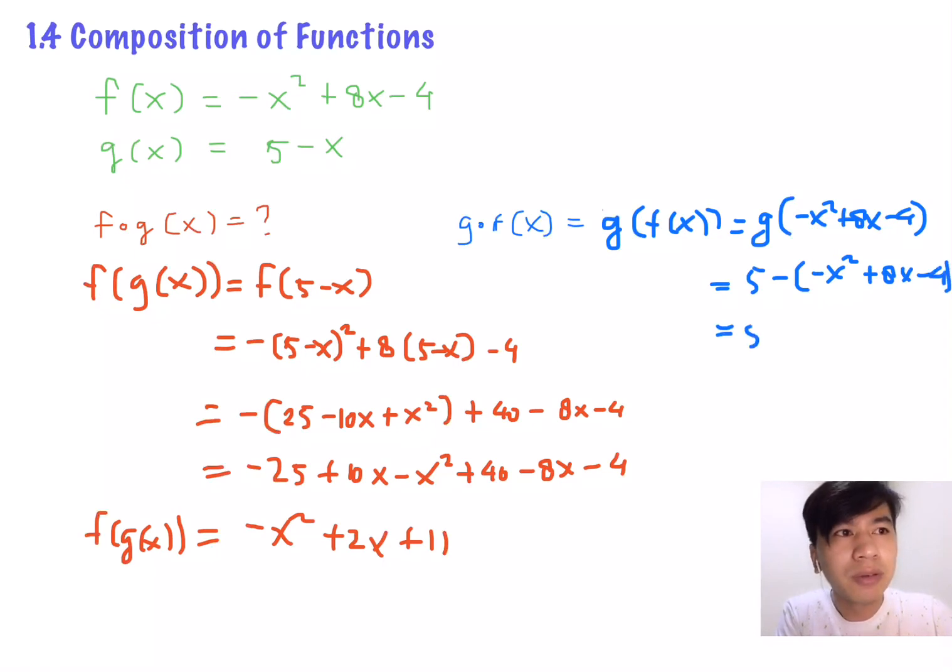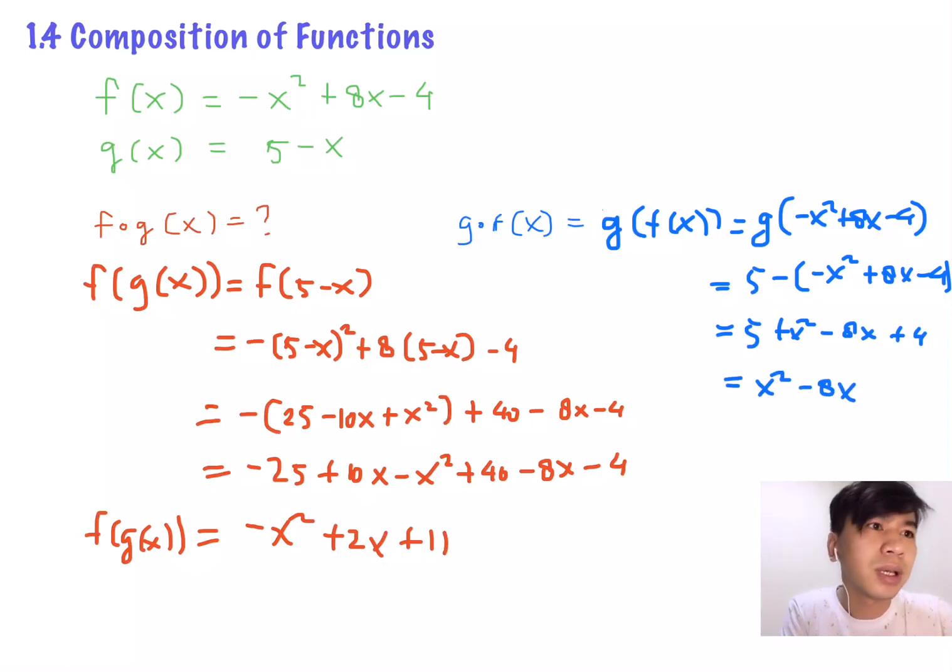We'll have 5 plus x squared minus 8x plus 4. So we'll have x squared minus 8x plus 9. So you can see that f of g of x is different from g of f of x. It's not always the same.